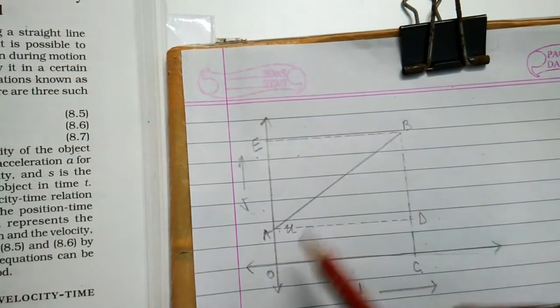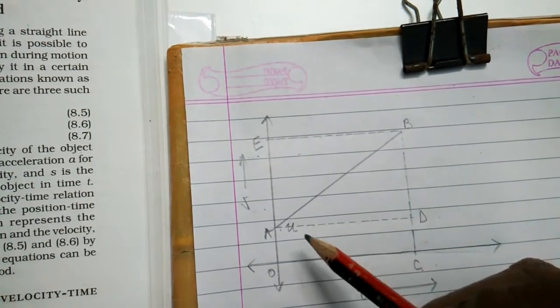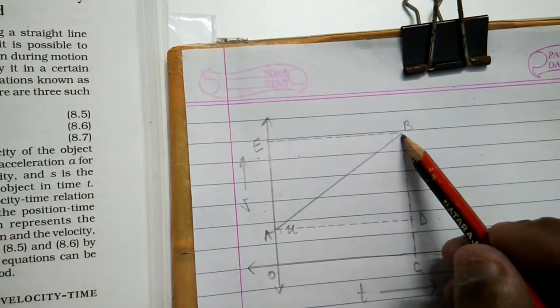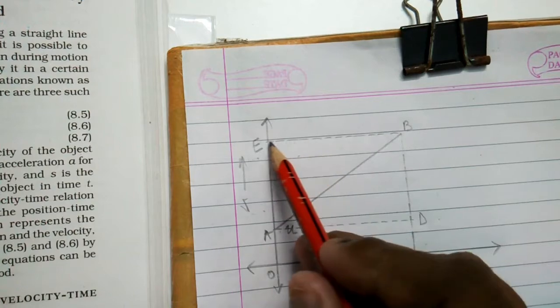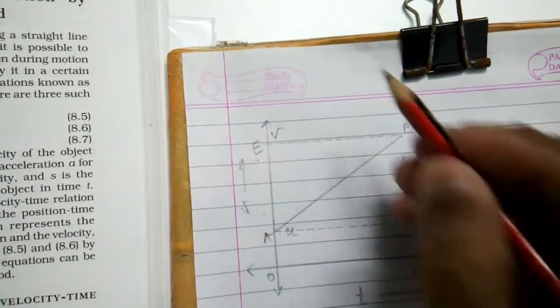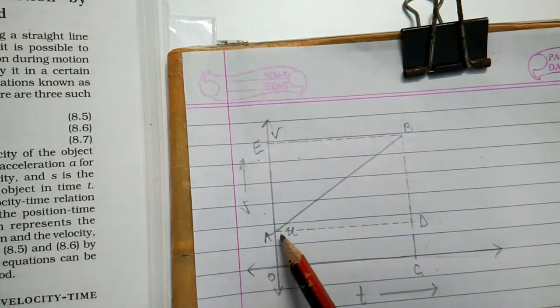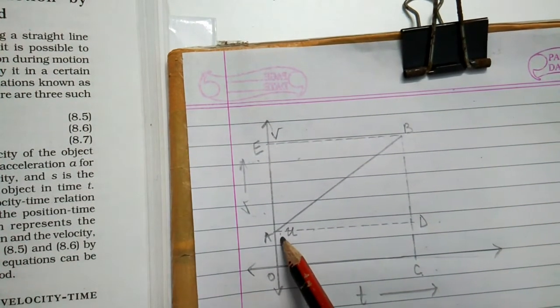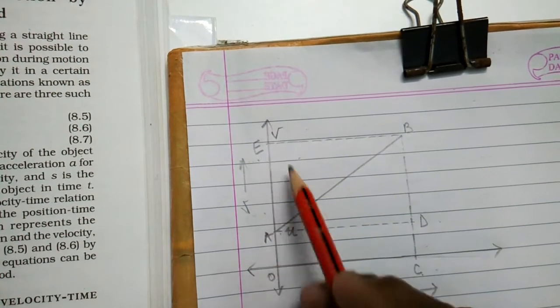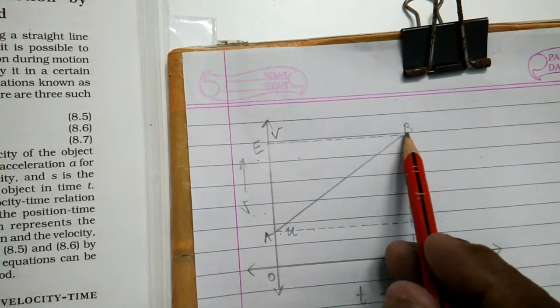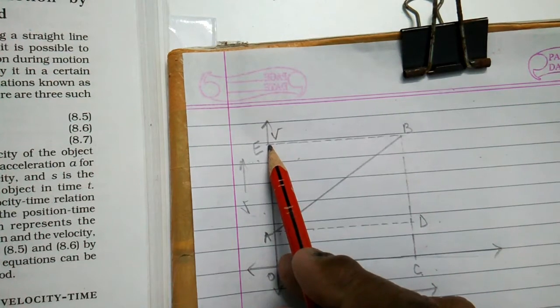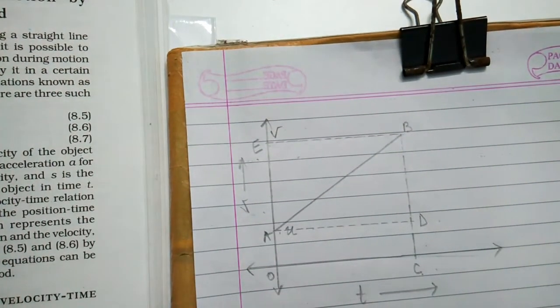So we can say that when the object reaches B, its velocity will be v. It is the initial velocity when the object starts to move. It is u, the initial velocity, and when it reaches B, its velocity will be v.